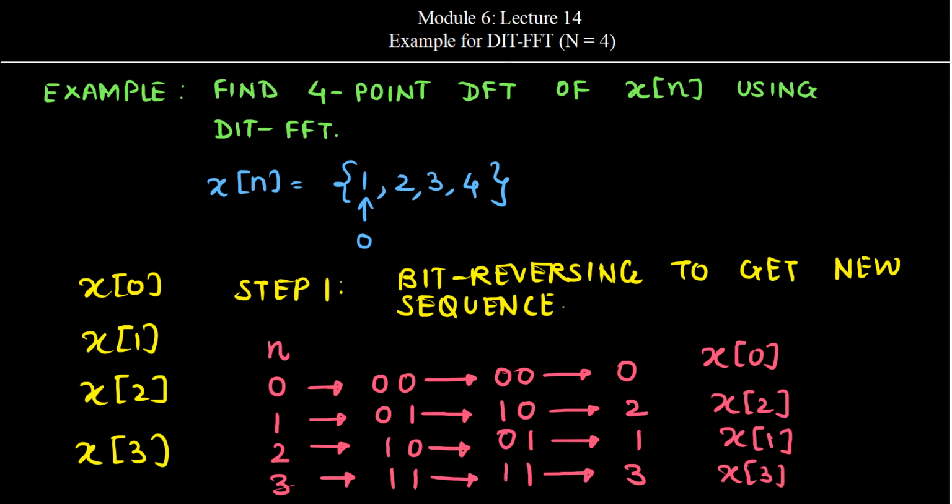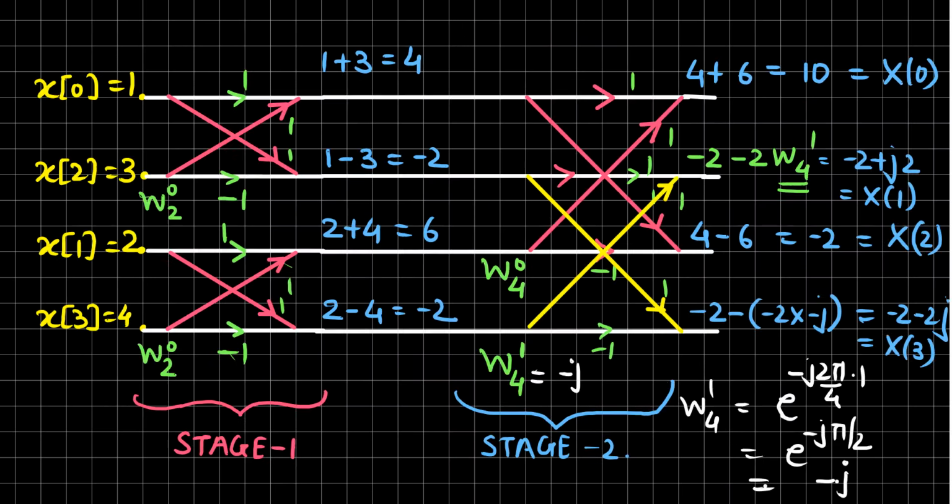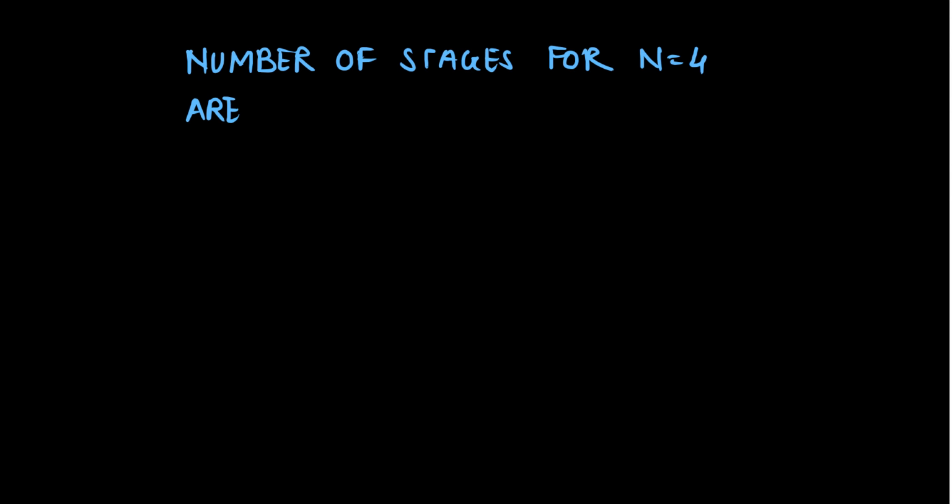That is, the number of stages for n equal to 4 are 2, and we know that this 2 can be represented as log to the base 2 of n.